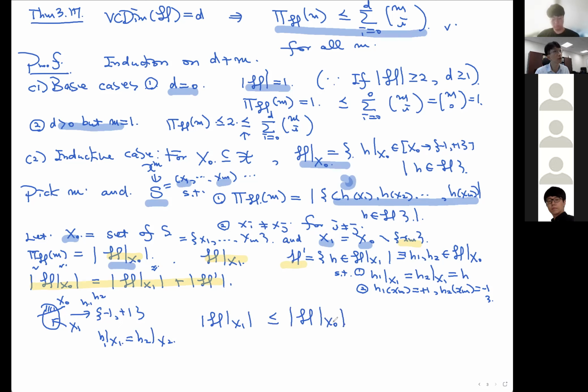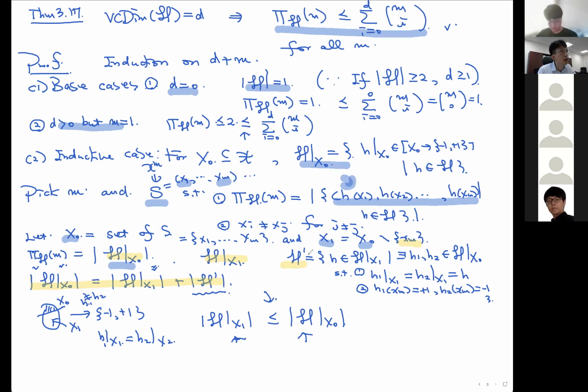But we want to see how much this difference is, and that difference is exactly captured by the cardinality of h prime. The two sets differ whenever there are h1 and h2 that are originally different, but become the same after the restriction.